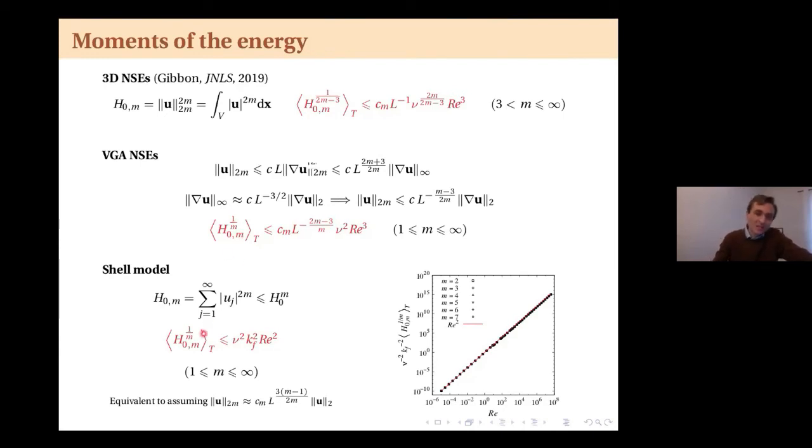So I obtain the same exponent in the time average, but with a lower power law in the Reynolds number. So this is again perfectly reproduced by the simulations.